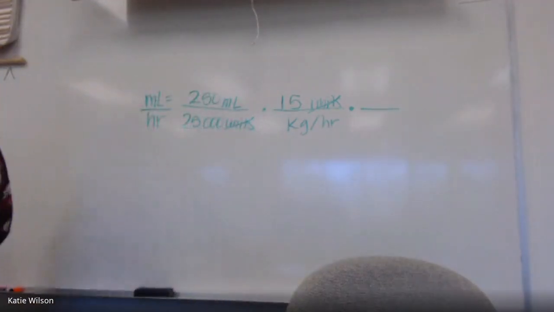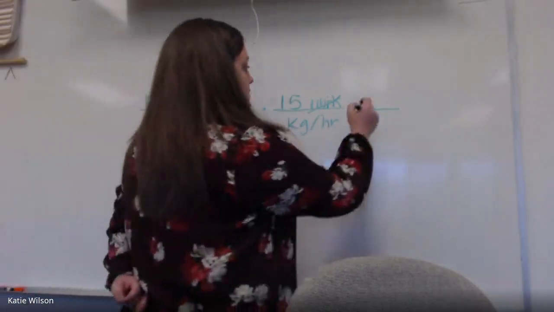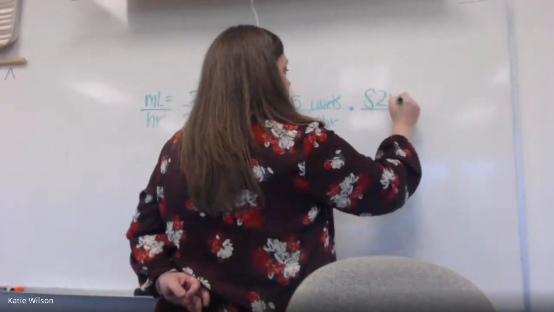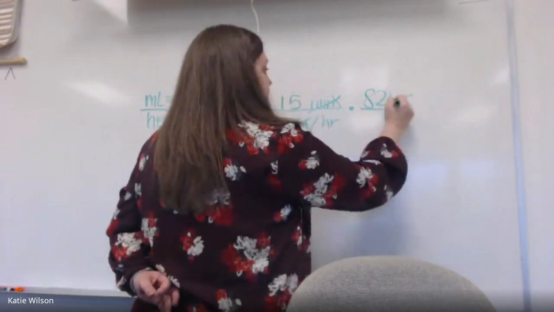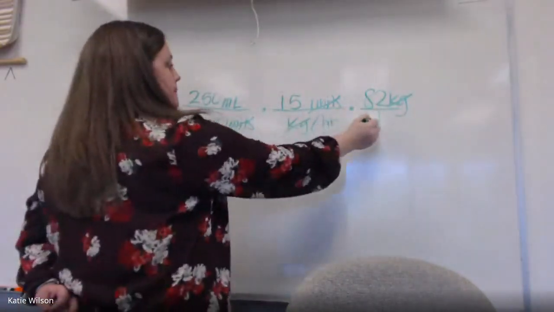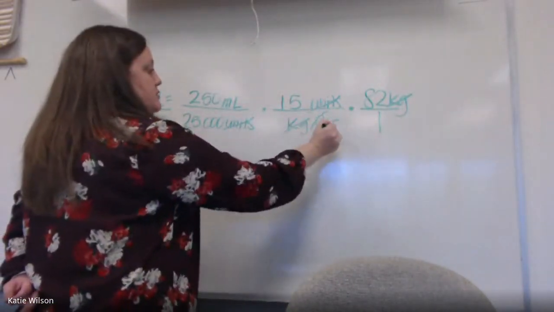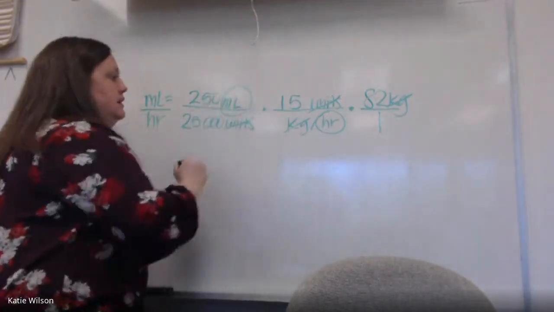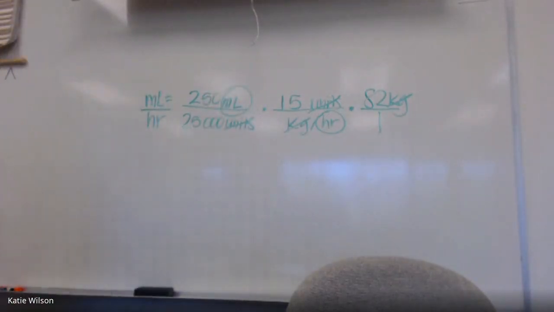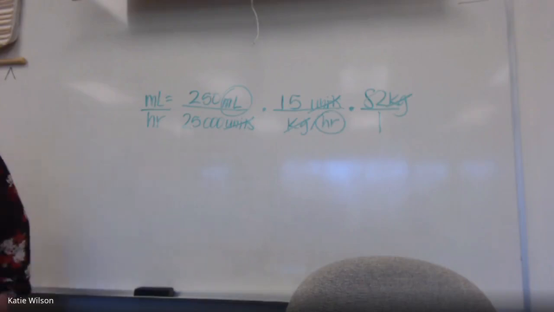Now I want to get rid of kilograms, right? How many kilograms does our patient weigh? I want to keep hours on the bottom, and I've got milliliters on top. So is our problem set up correctly? I think so.